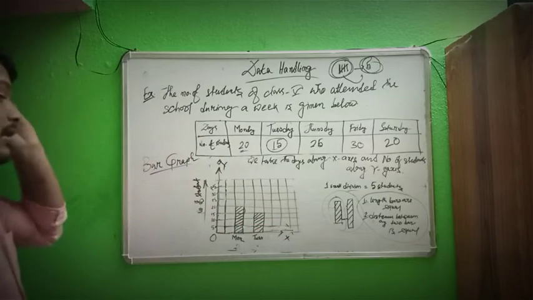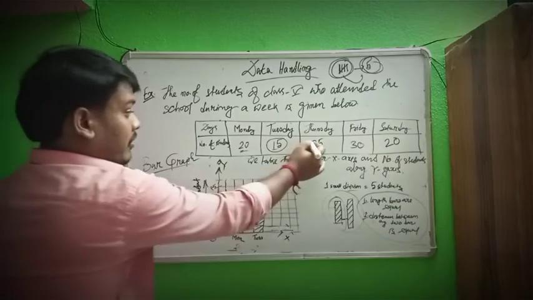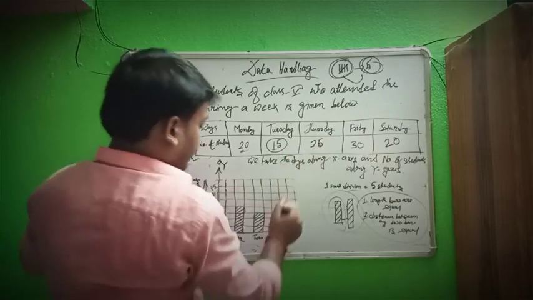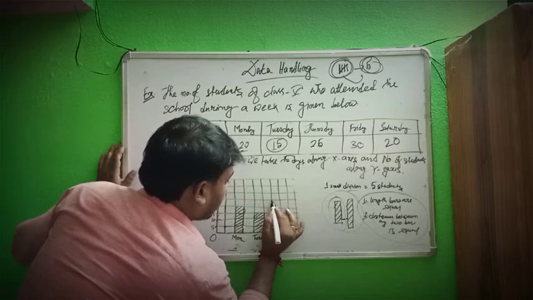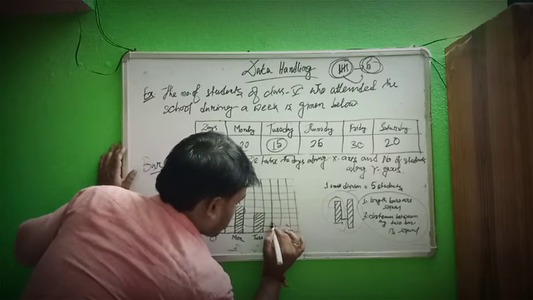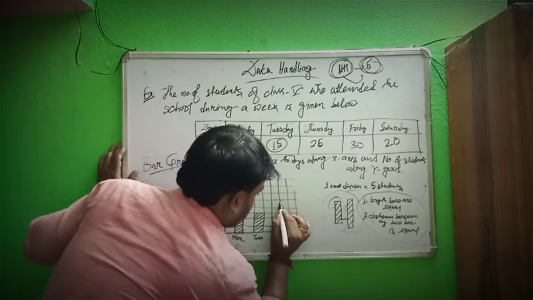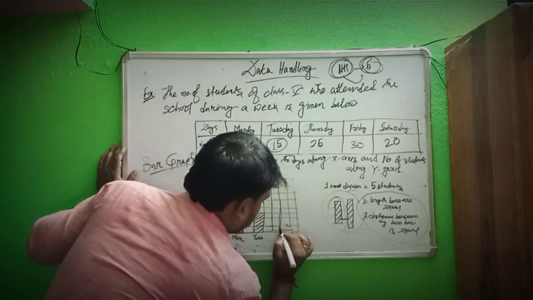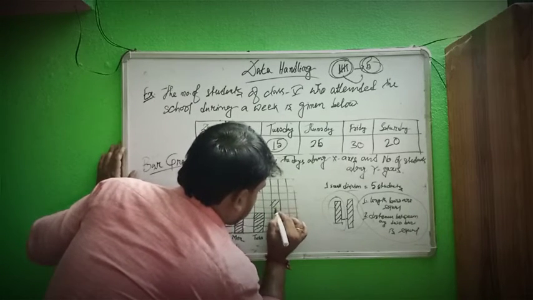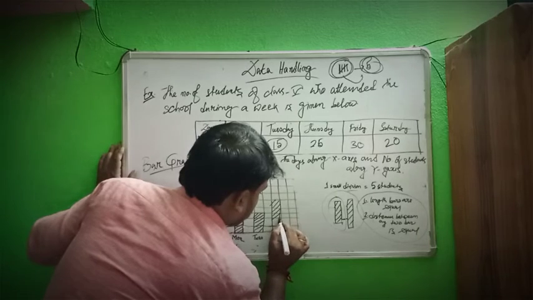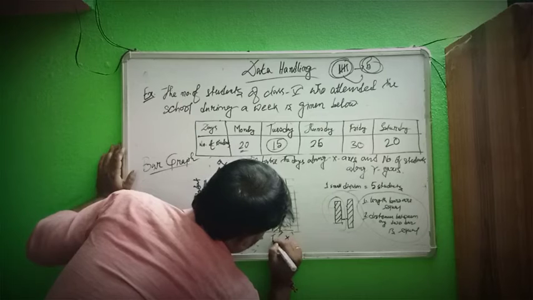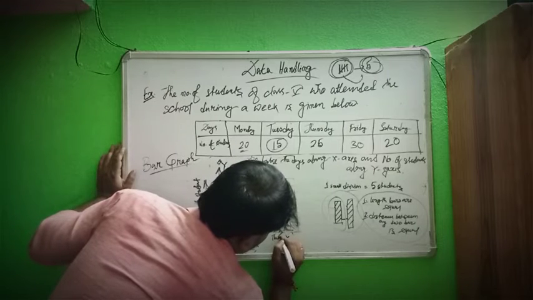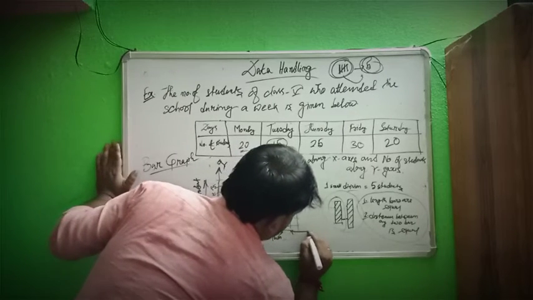Okay. So Tuesday. And for Thursday, the value is 25, so 25, up to this. So it is for Thursday.